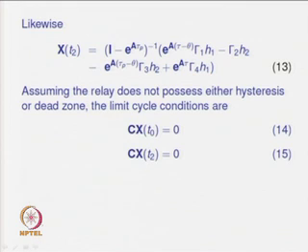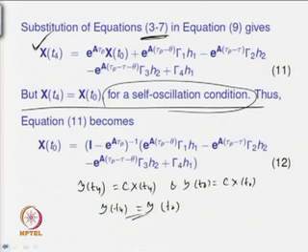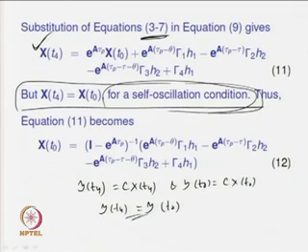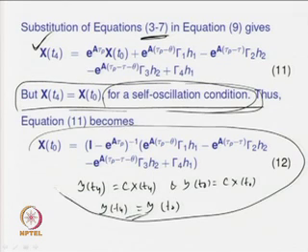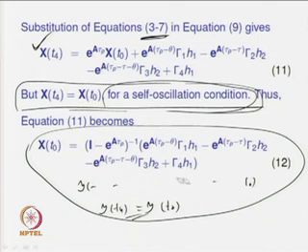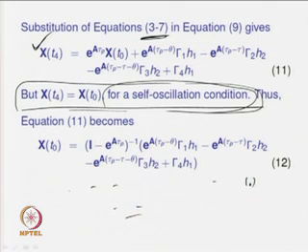So, using that condition, what do you get? If you put x(T4) equal to x(T0), we get finally this expression. So, this is very important for us. What has been done? This x(T4) has simply been substituted by x(T0), because x(T4) has to be x(T0) for sustained oscillatory output.